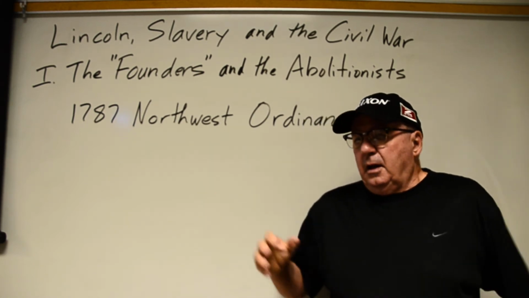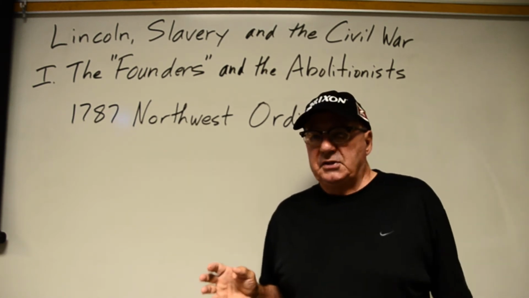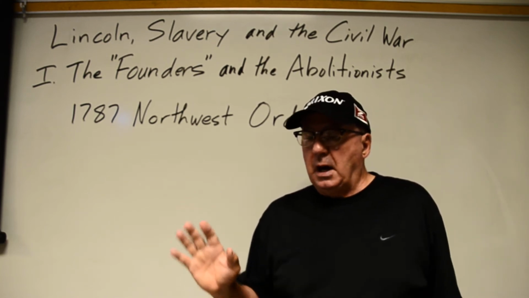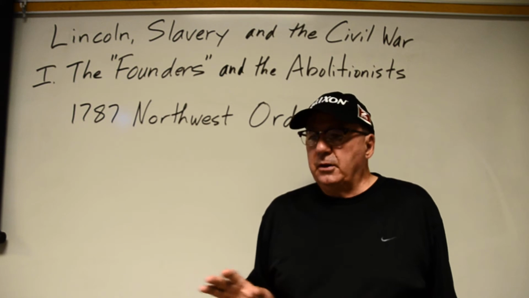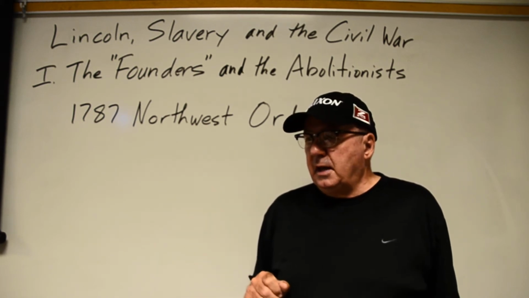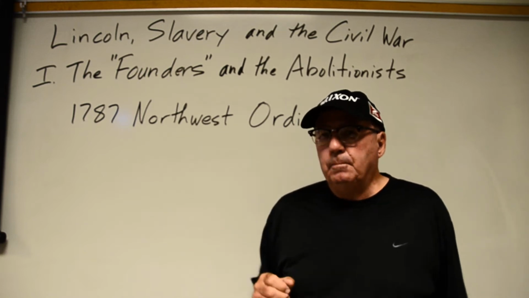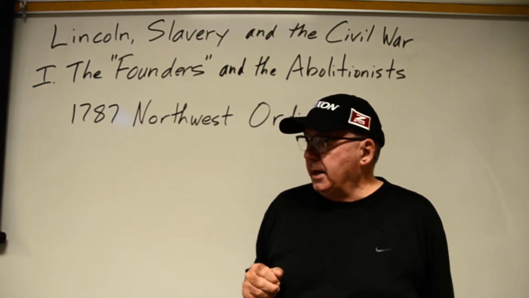After the Revolutionary War, the United States acquired territory on the west side of the Ohio River, and then the Great Lakes region, and that would become, of course, states like Wisconsin and Ohio and Illinois and Indiana.